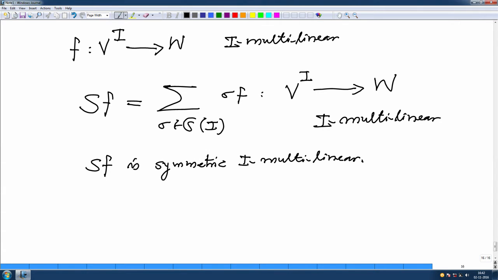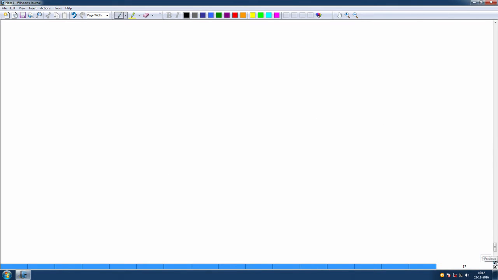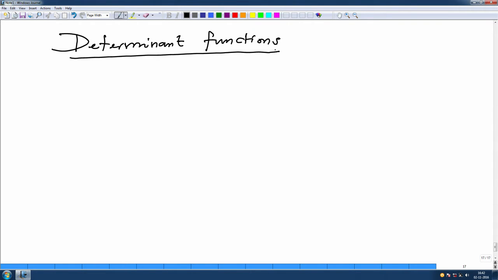Okay, with this now we are ready to study what is called determinant functions. So the next topic I will start is determinant functions. In this section I will prove the existence of determinant functions, and actually what I want to do is the following.